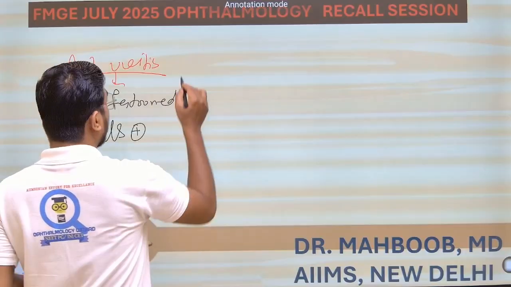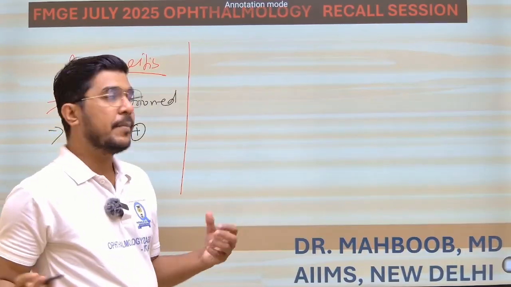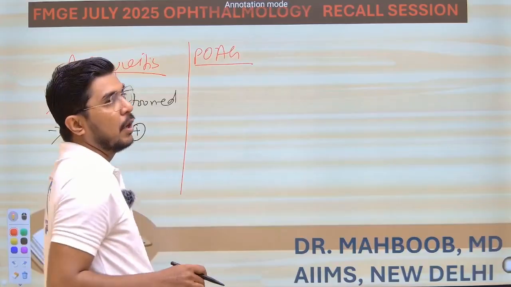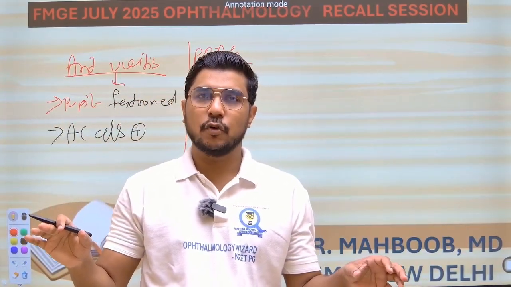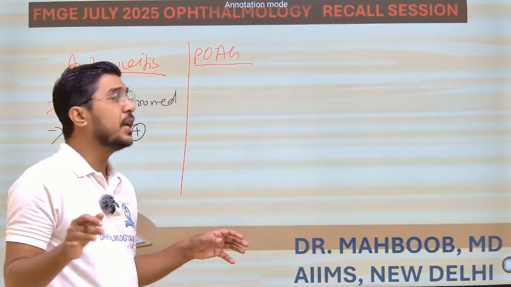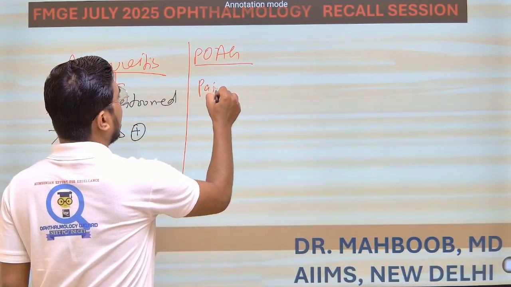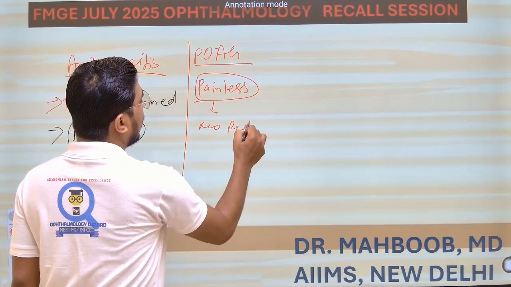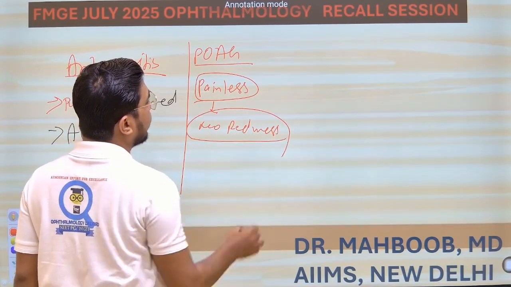Third point to understand. Why is it not primary open angle glaucoma? Primary open angle glaucoma never has a mid-dilated vertically oval pupil. Second thing is that primary open angle glaucoma is painless. It should not be painful. No redness. Okay.